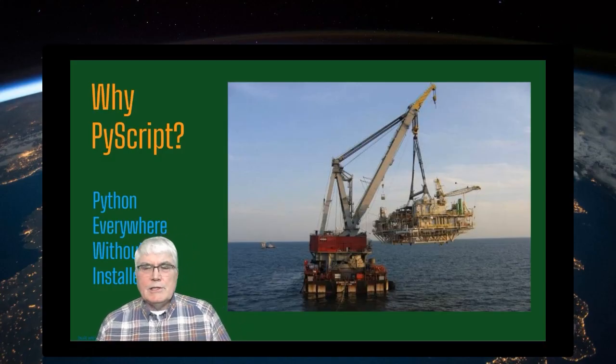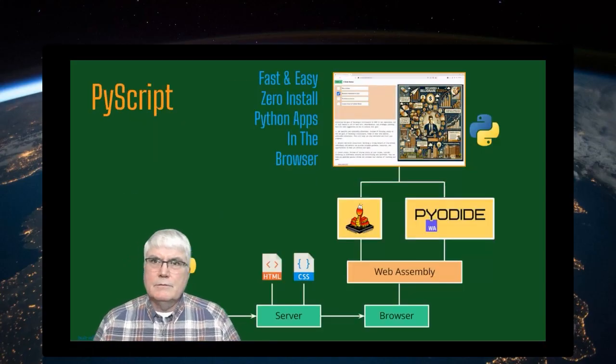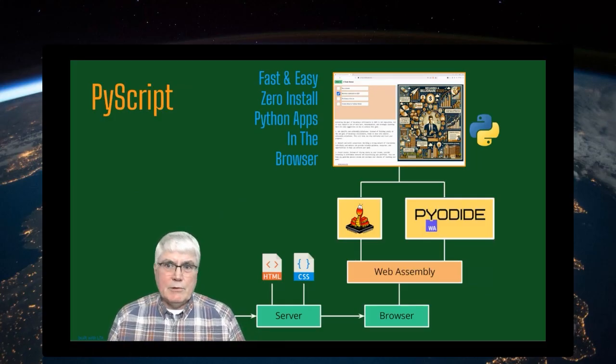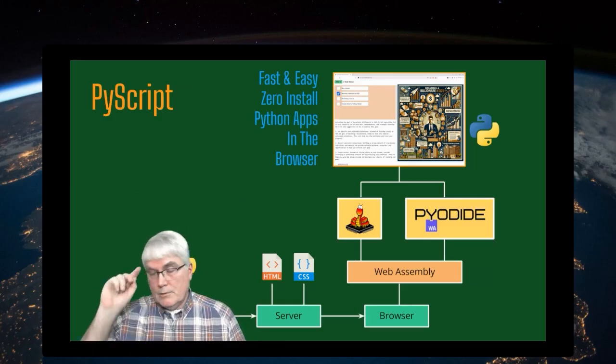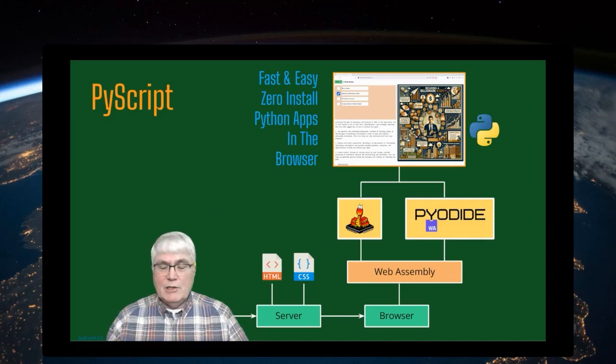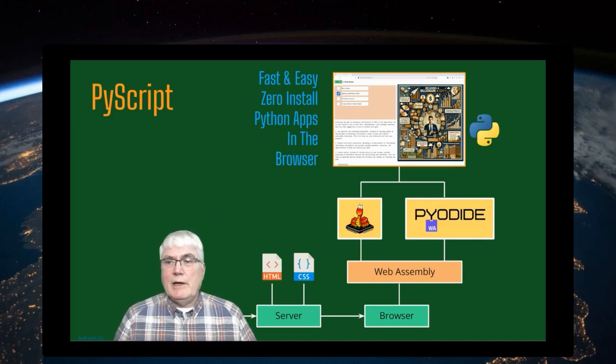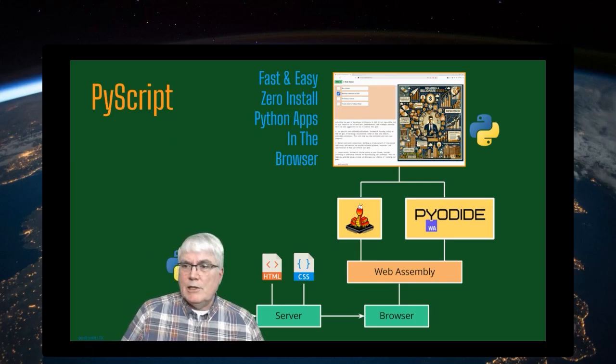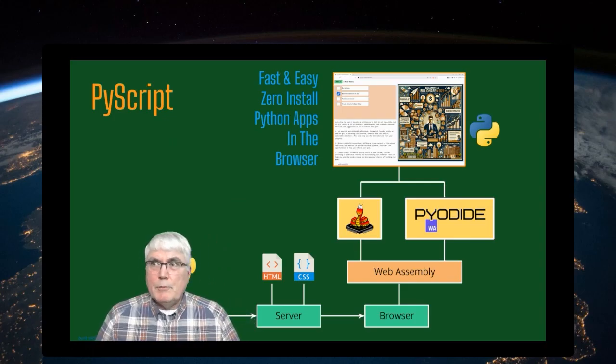So all these things together provide the benefits of PyScript. What you can do with PyScript is, on your development machine in an editor, change your Python files, give them to a server, add some HTML and CSS, and then serve this up into a browser, at which point it will run the Python files in a standard Python VM.